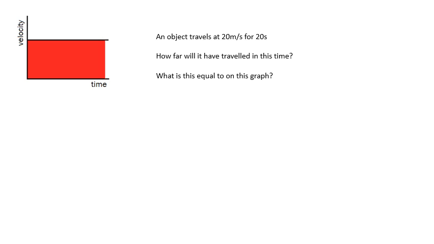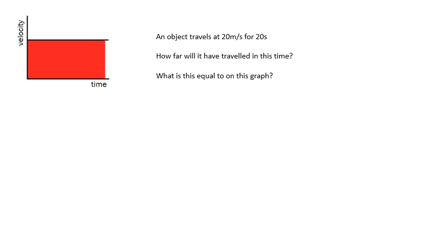So now an object travels at 20 meters per second for 20 seconds. How far will it have traveled? Well, 20 meters every second, and there's 20 of them, so the answer is going to be 400, isn't it? Now 400, look at the graph, it's a rectangle, 20 times 20.